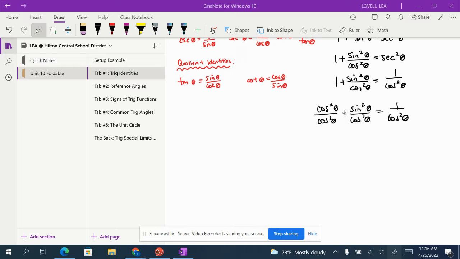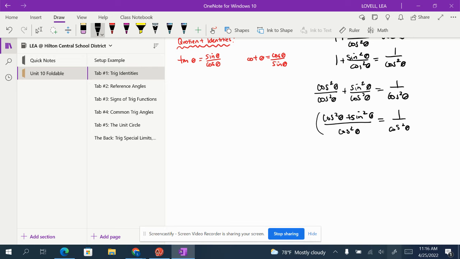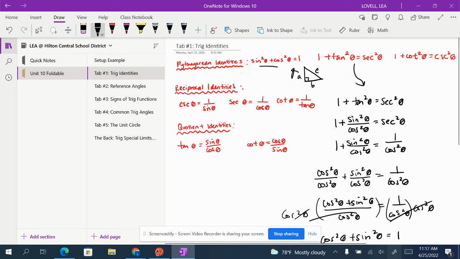So then I have cosine squared theta plus sine squared theta all over cosine squared theta is equal to 1 over cosine squared theta. If I multiply both sides by cosine squared theta, now I have cosine squared theta plus sine squared theta equals 1, which is our first Pythagorean identity.